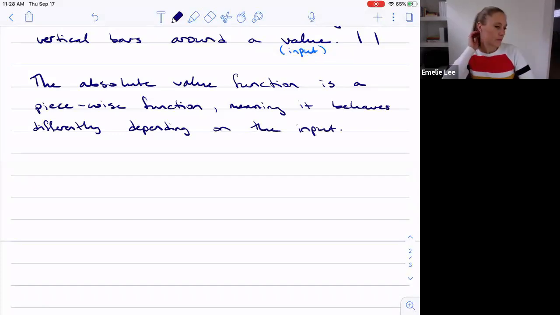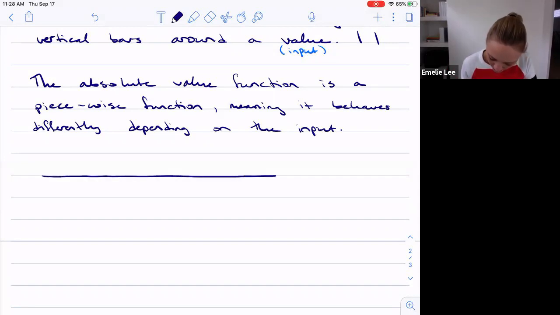Okay. So depending on what value we plug in, so if we think about our real number line here, we've got 0 here.